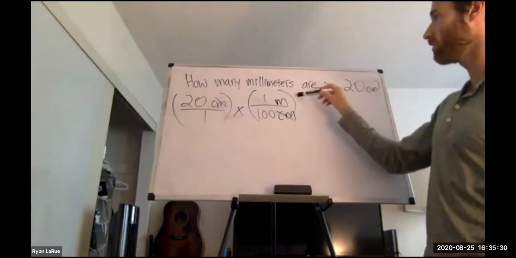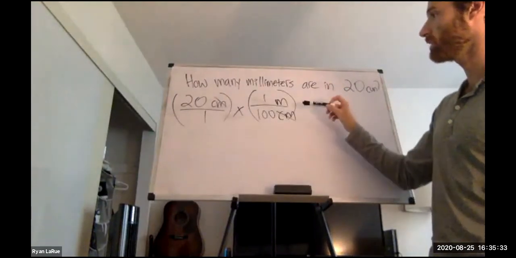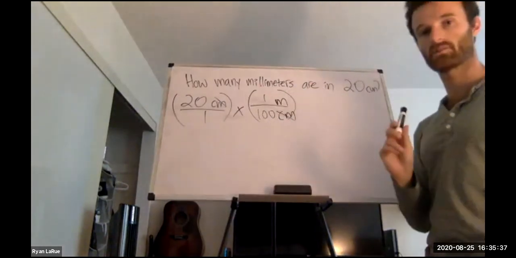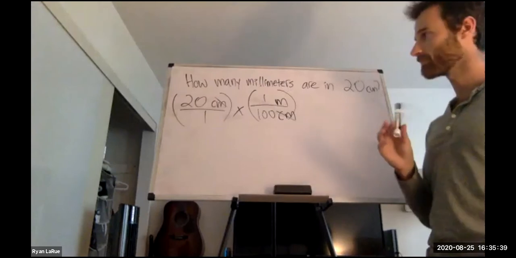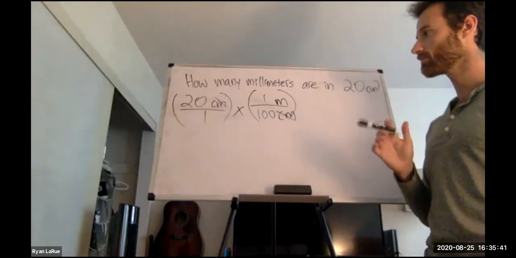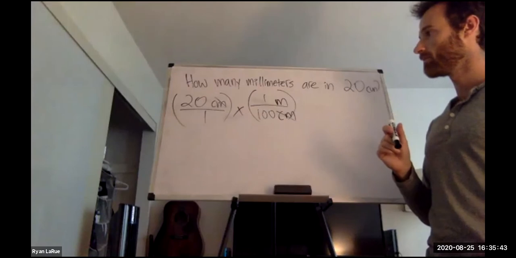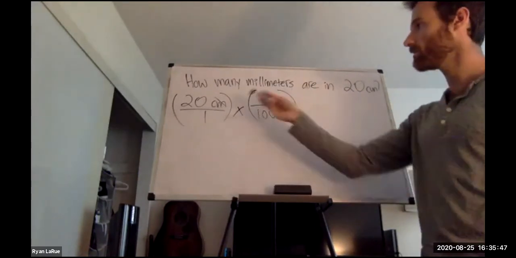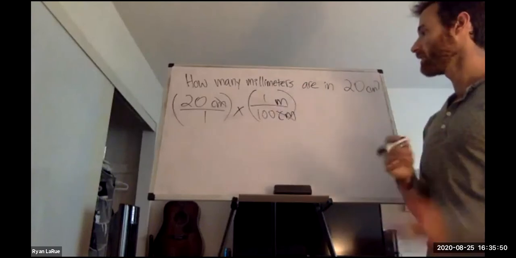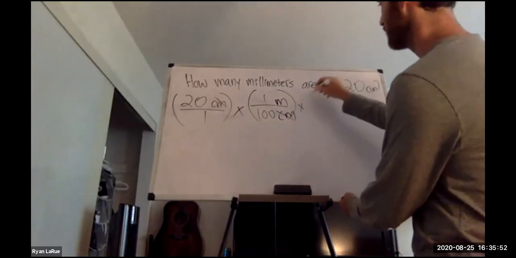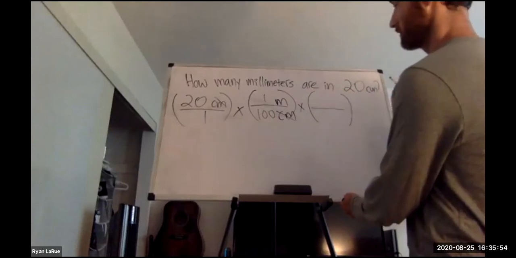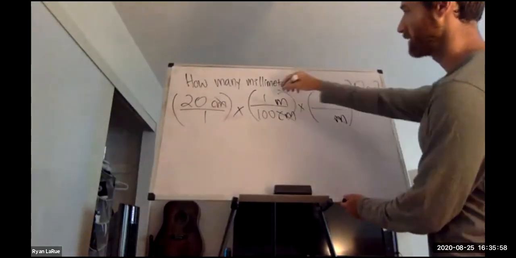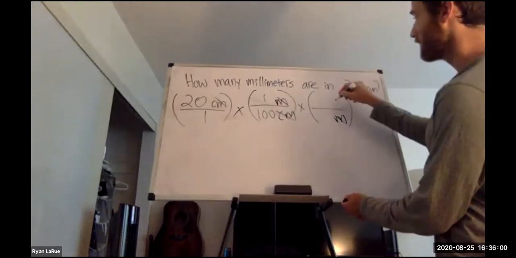So I know that this makes sense because I say, oh, 1 meter stick has 100 centimeters in it. So now I'm in meters. I crossed out centimeters, I'm in meters. Now that I'm in meters, I can set this up and I can go to millimeters.